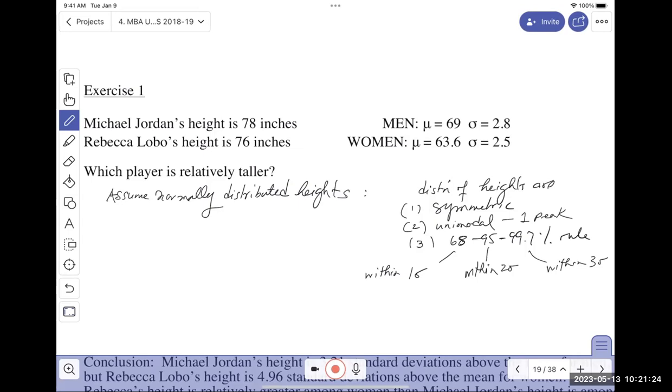Well, the question was, Marla, are there any outliers if we assume normal heights?